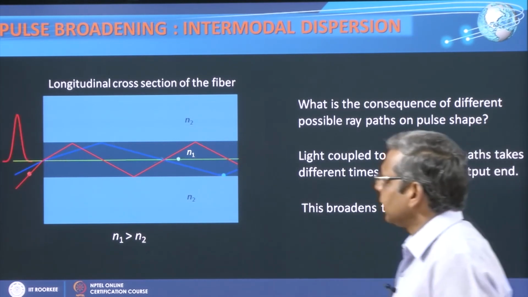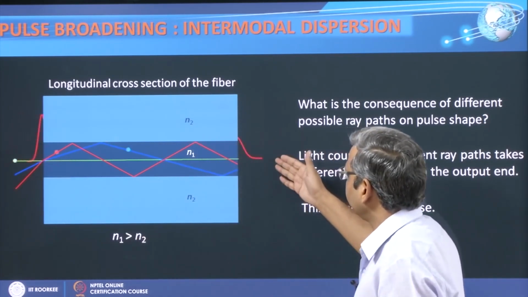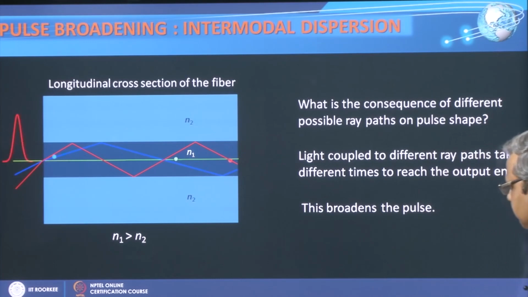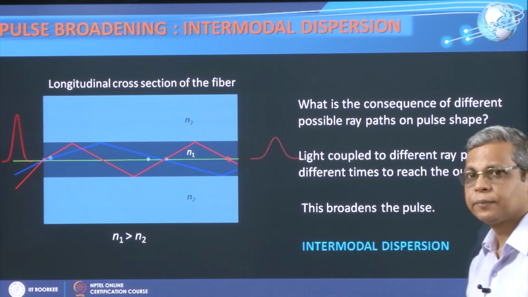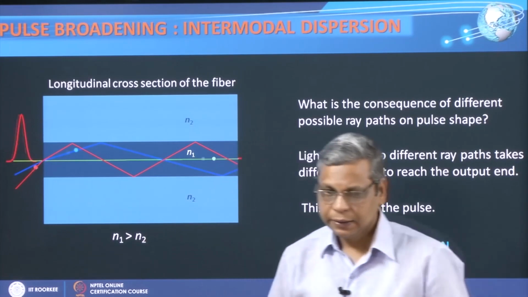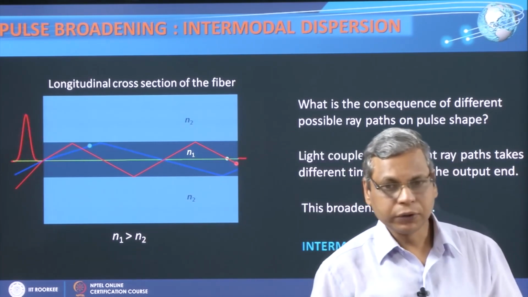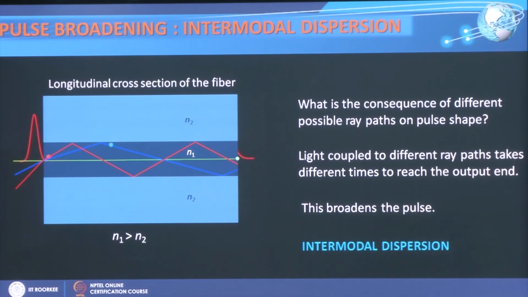So, I send the pulse like this, and at the output end I receive the pulse like this, and this kind of broadening is known as intermodal dispersion, because different ray paths can be called different modes of propagation of the system.